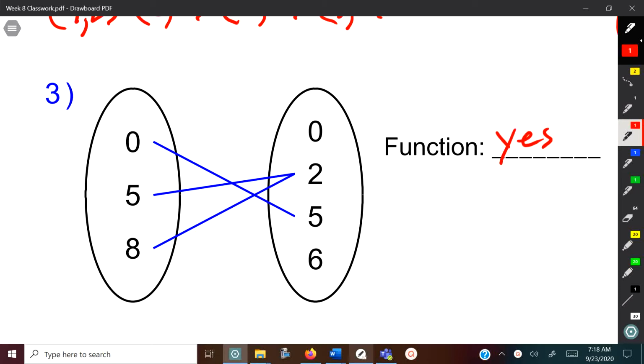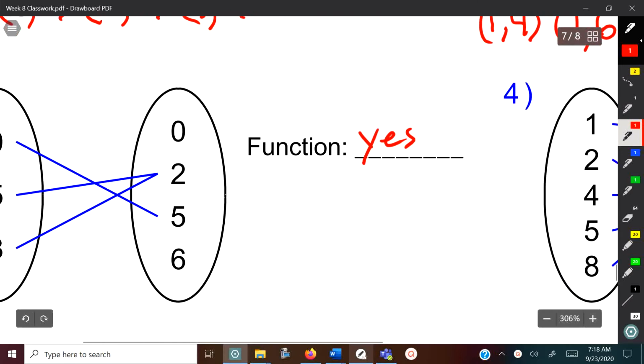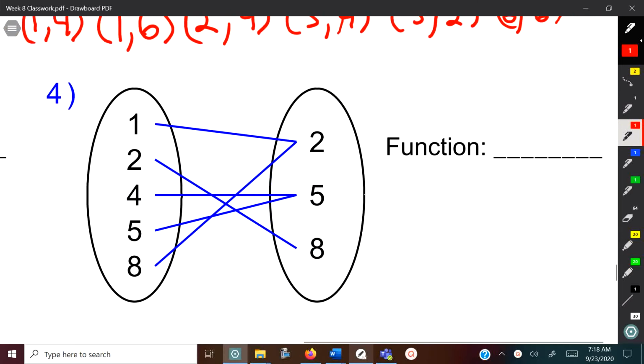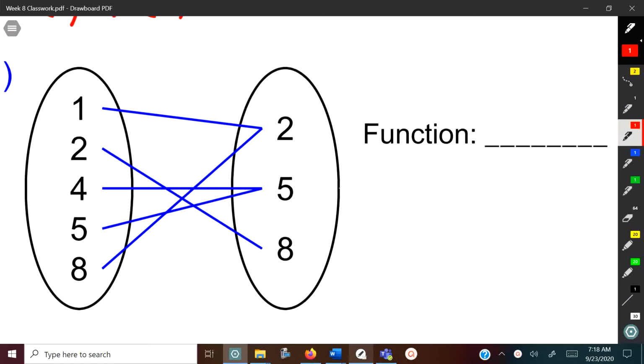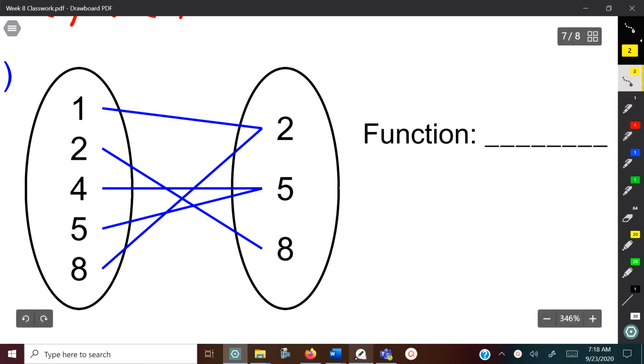Let's look at another example. See if you can determine if number 4 is a function. Since there are no two arrows coming from the input to the output, yes, it's a function.